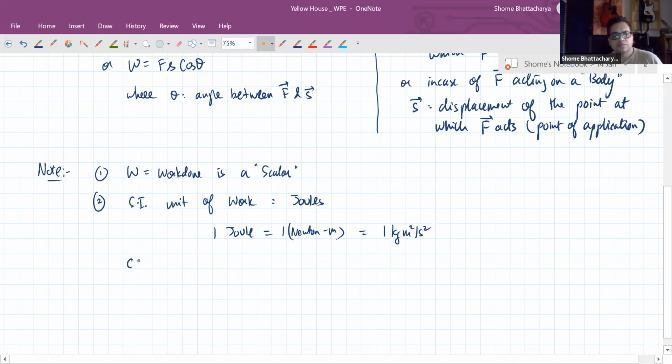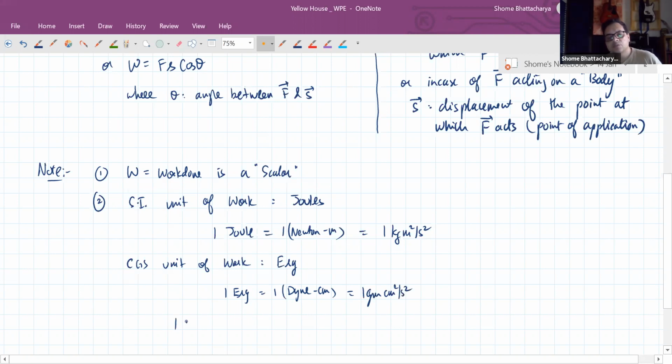The CGS unit of work is given the name erg, where 1 erg is equal to 1 dyne centimeter. That is the same thing as 1 gram centimeter square per second square.